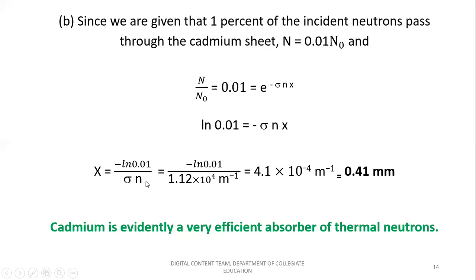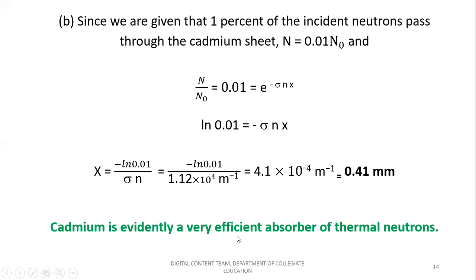So x is minus ln 0.01 by sigma n. Substitute for sigma n, and you get 4.1 × 10^-4 meter as the thickness, which comes out to be 0.41 millimeter.